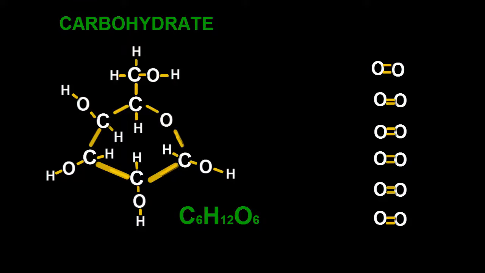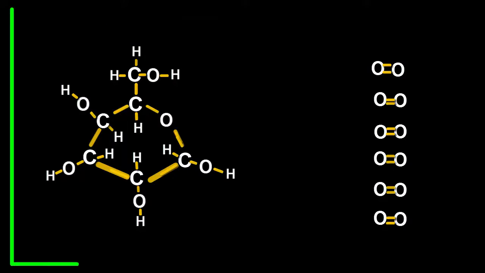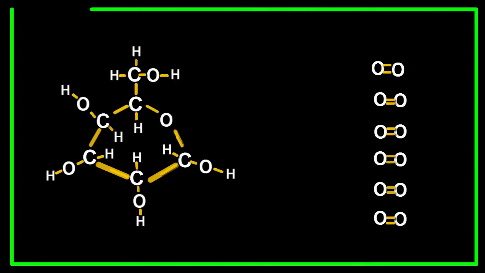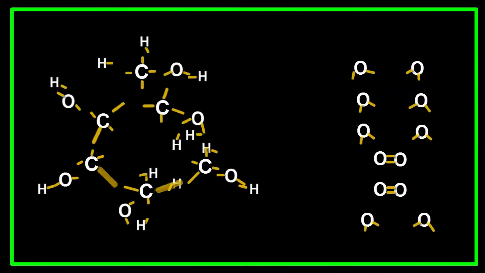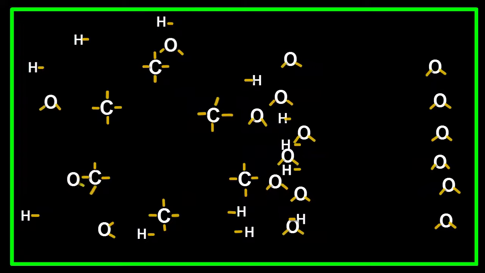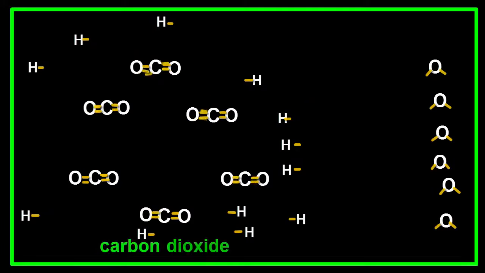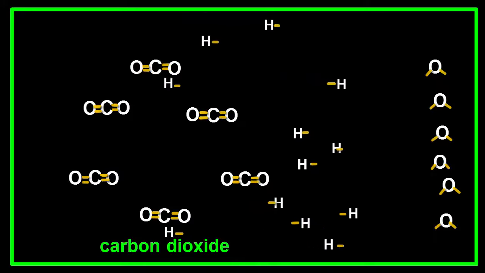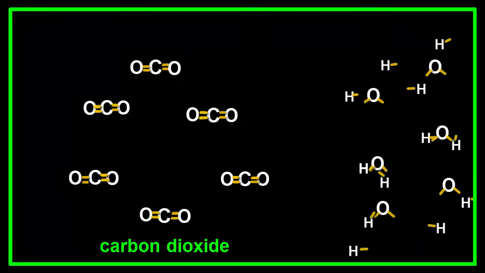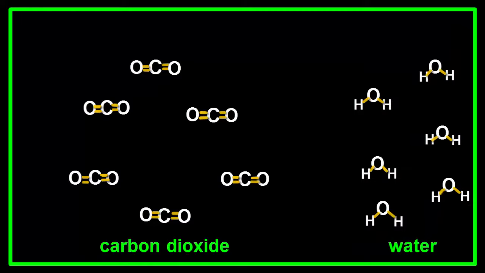When carbohydrates react with oxygen, the carbon atoms bond with oxygen atoms to form carbon dioxide. And the hydrogen atoms bond to oxygen atoms to form water, just like when hydrocarbons react with oxygen.